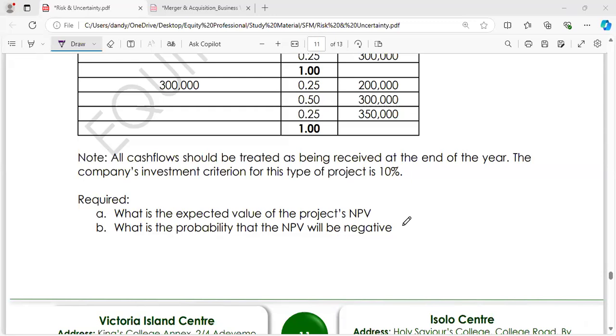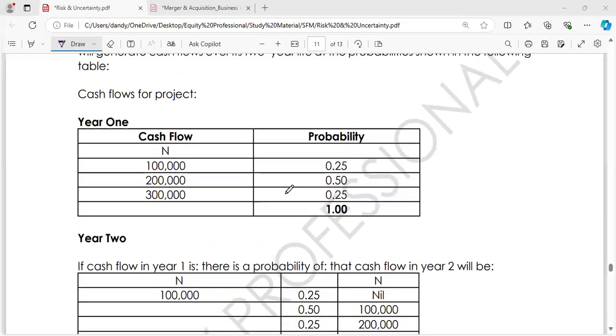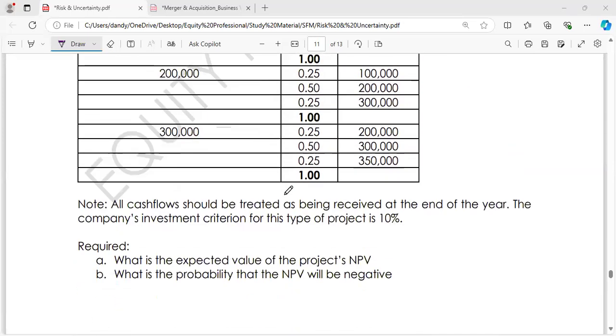Thank you very much, Debbie. That is the question. So the examiner is asking you to compute the expected NPV. The year 1 cash flow is very easy because the examiner says you should compute expected NPV. You are not told to use any method.